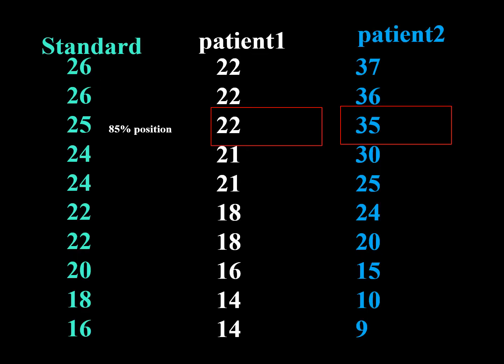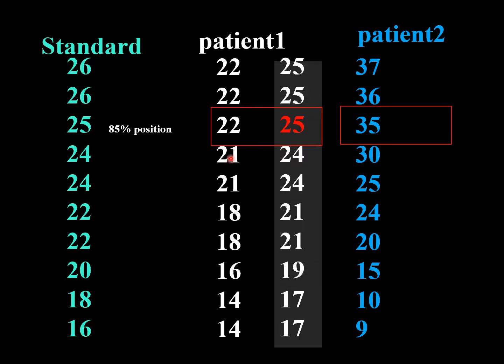So the software simply will arrange the values of the patient from the highest to the lowest and compare them with the normal of that age and start to see the difference. For example, in patient number 1, the difference is 3 between our patient and the normal.